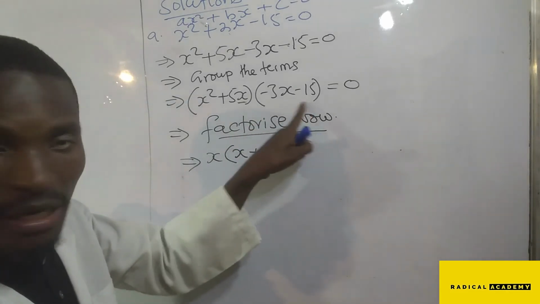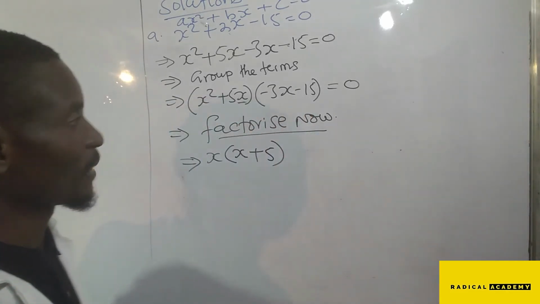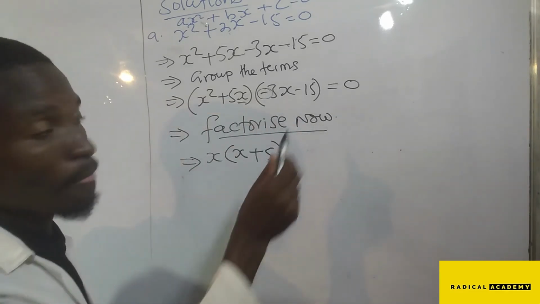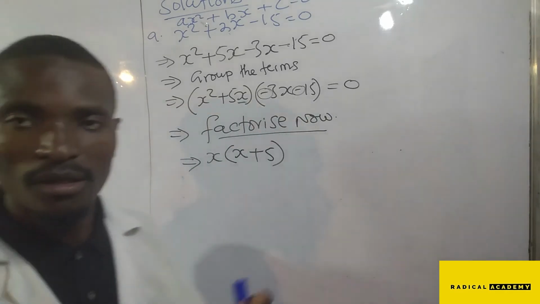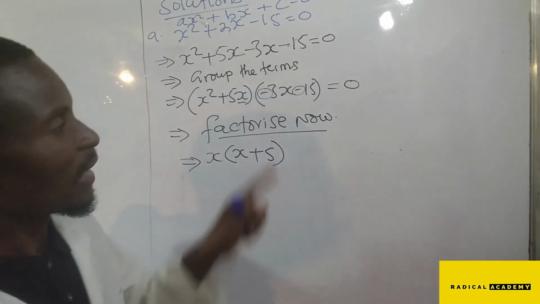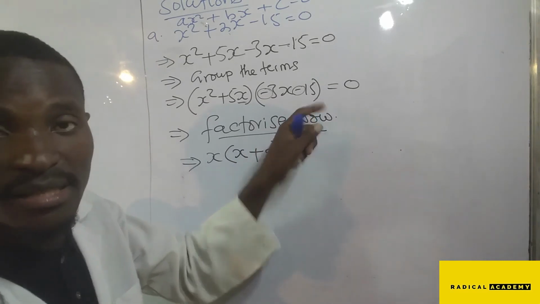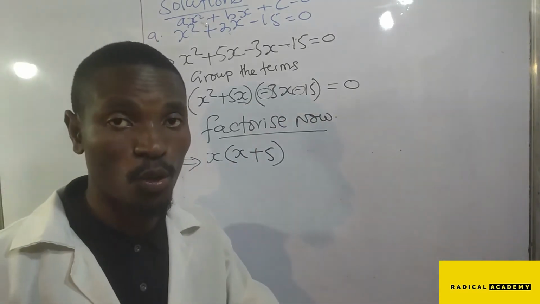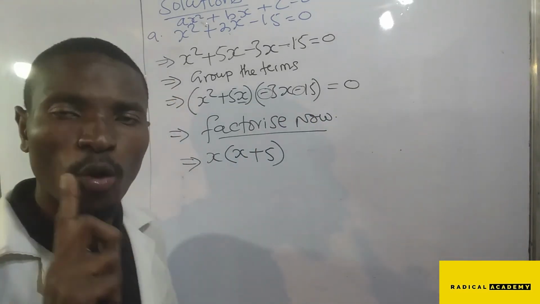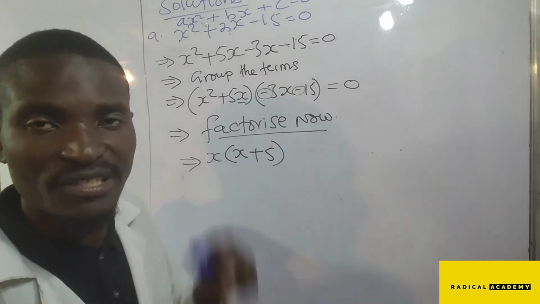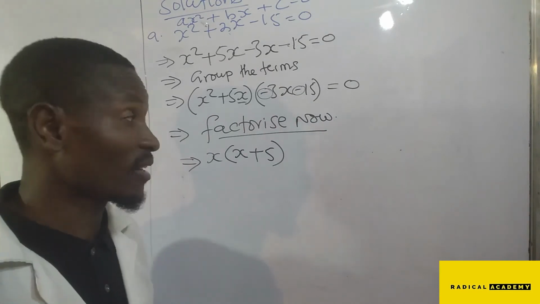And then you also come to the other part of the expression. You can see that the negative there, as well as the other negative, are common. This side there is x, but the side with 15 doesn't have x, so x is not common. What is common is the number that can go into both 3 and 15, which is 3 itself as a factor.